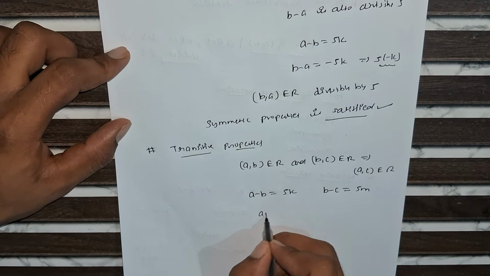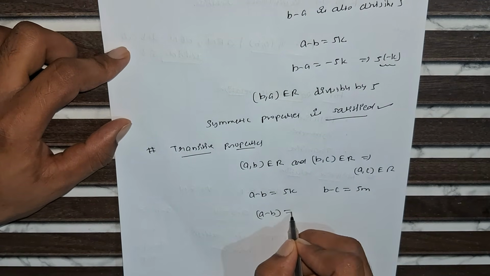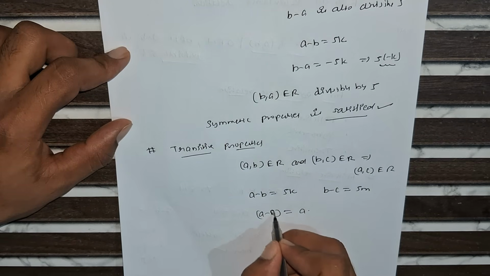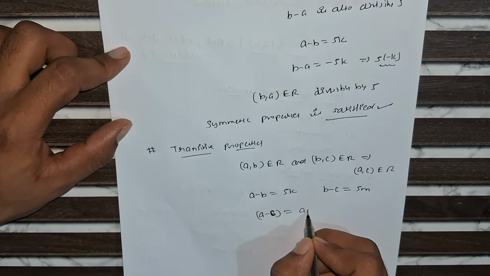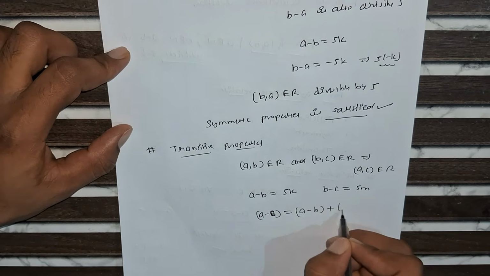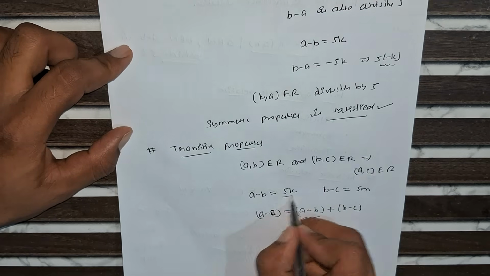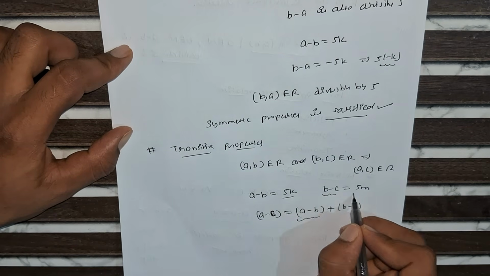Then a minus c equals a minus b plus b minus c. So the value of a minus b is 5k, and b minus c is 5m.